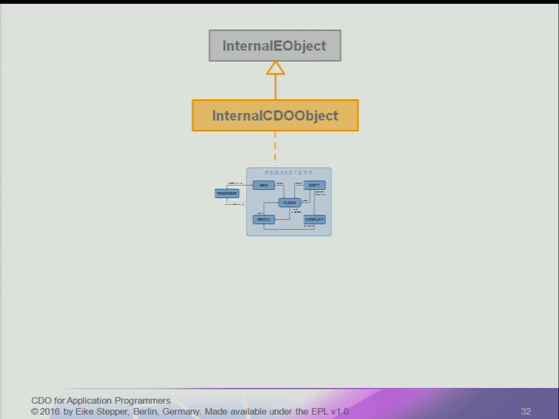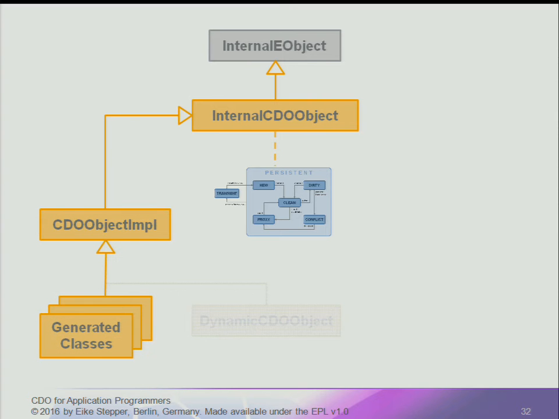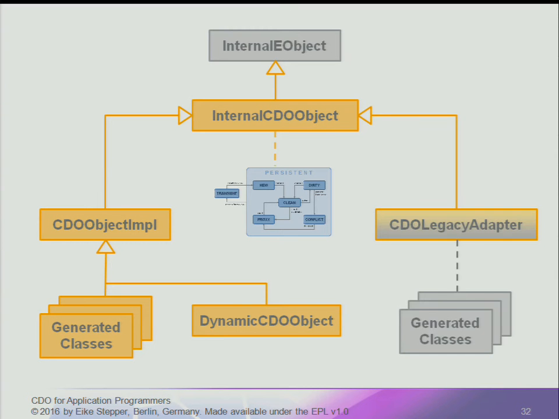This state machine in CDO interacts with the objects through this internal interface. And there are two hierarchies of classes. These are the CDO native objects. That's typically all of your classes that are generated specifically for CDO, including dynamic CDO objects, those where you create the classes at runtime.